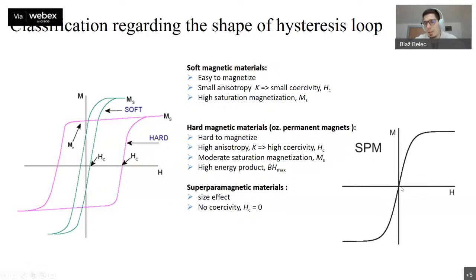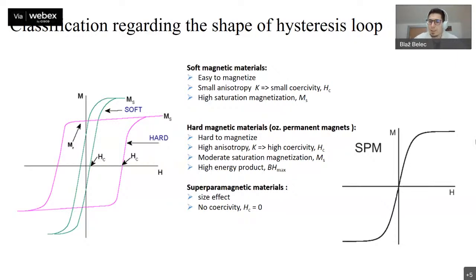As we can see here from this hysteresis loop, when we don't have the external magnetic field, they are not spontaneously magnetized. When we switch on the external magnetic field, they act like ferromagnetic materials. When we switch off, they are paramagnetic materials. So such materials don't have coercivity or remanent magnetization.